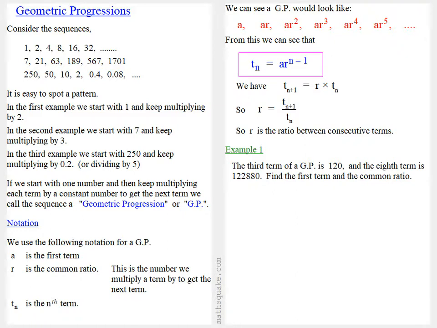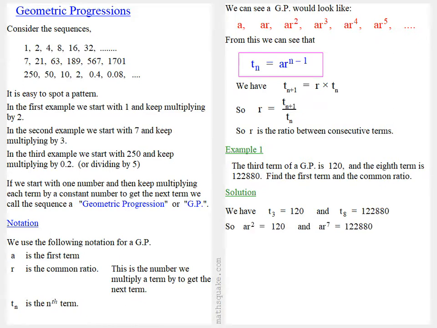The third term of a GP is 120, and the 8th term is 122,880. Find the first term and the common ratio. Well, to solve this, we've got T3 is 120 and T8 is 122,880.